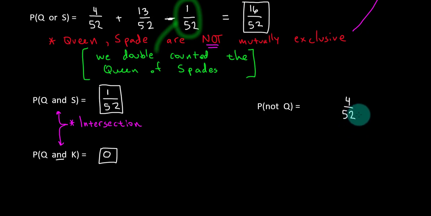And all the probabilities of all the cards put together have to add up to 1. And if you subtract 4 out of 52, this is saying all the cards except the queens. And that gives us a nice 48 out of 52.